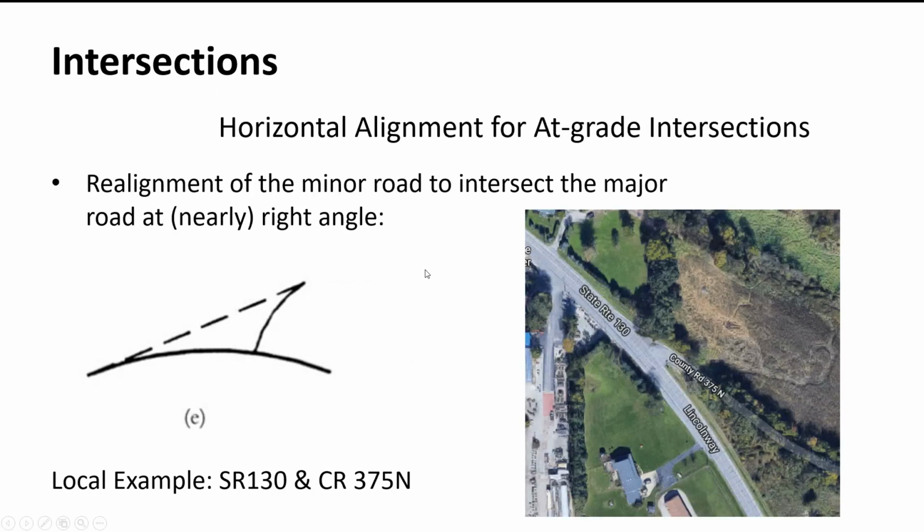This is a good example, just out west of Valparaiso, Lincoln Way and State Road 130. Lincoln Way used to run at an angle, basically headed for Chicago right from Valparaiso. So it crosses a lot of the traditional county roads at an angle. And here's one of the county roads coming in at this sharp angle.